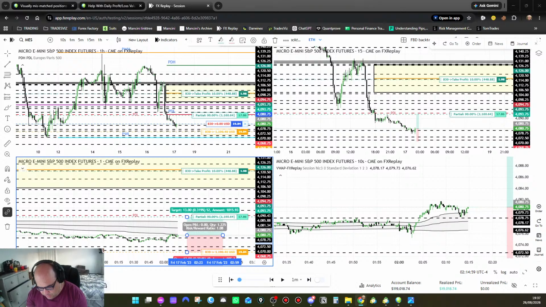We are below day low, aiming to backtest it and leave a runner to the previous DVA VWAP. Alright, and the RR is 1.08.